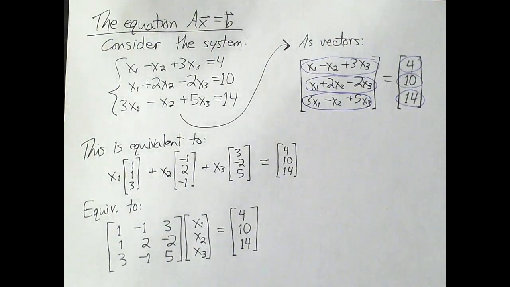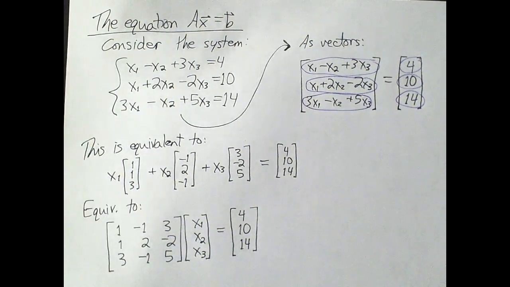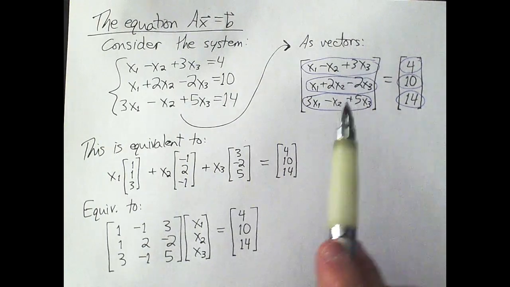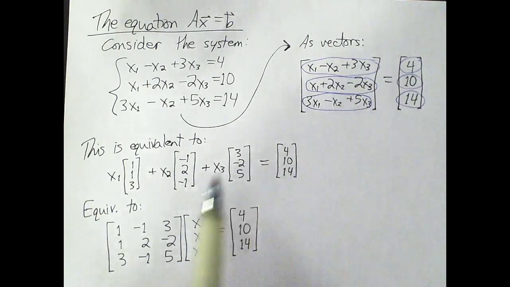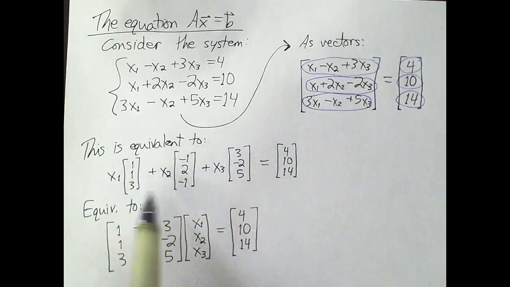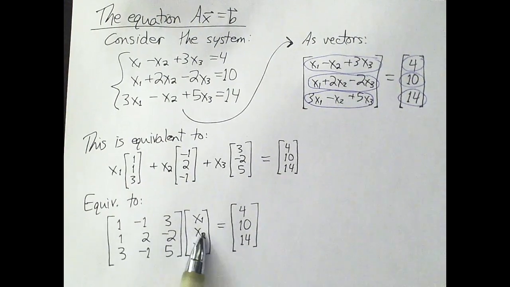So we've done a few things here. We started with a system of linear equations, just like we did in the first lesson of the semester, where we're interested in solving systems of equations. And I'm saying that we can correspondingly think of it as just a vector equals a vector. Then you could take the left-hand vector and split it up into this whole thing. And then you can use the definition from the beginning of this lesson to say that this is equal to a matrix times a vector.